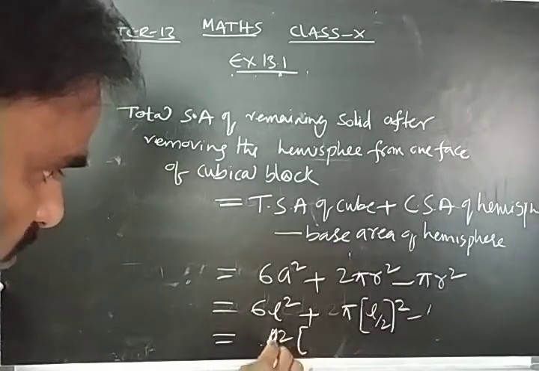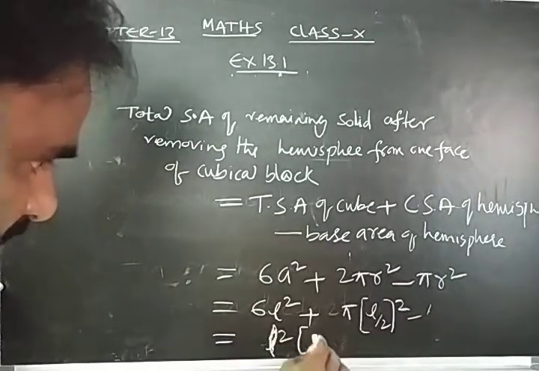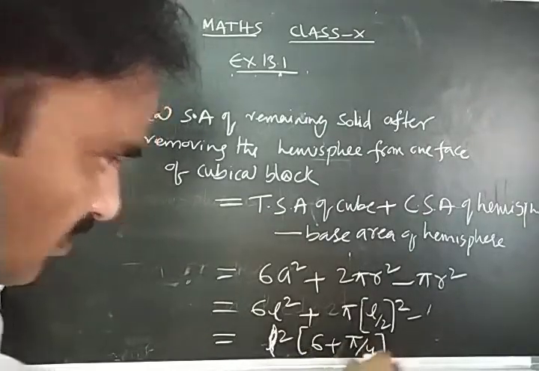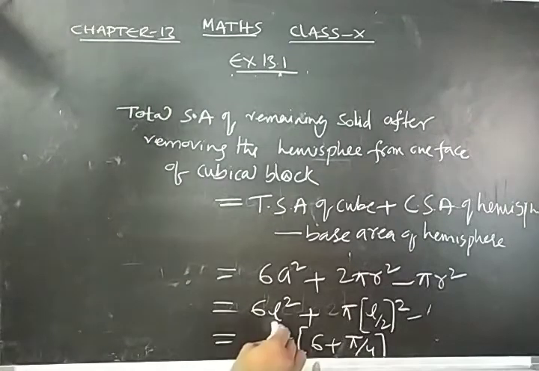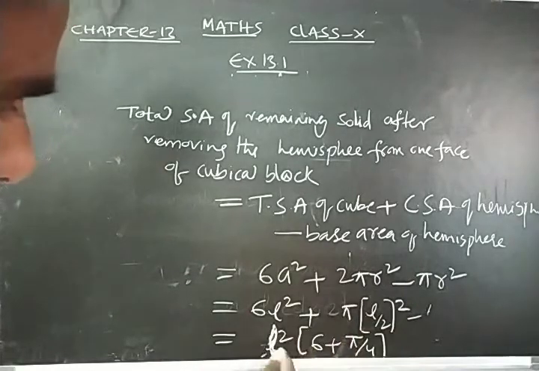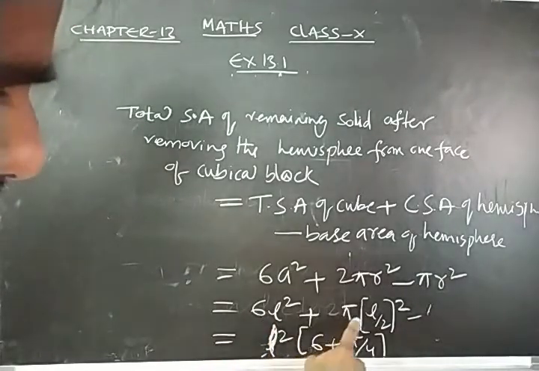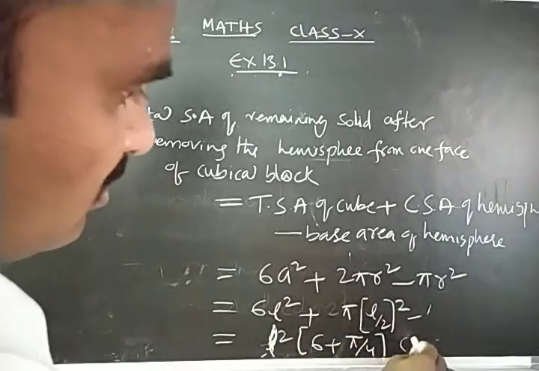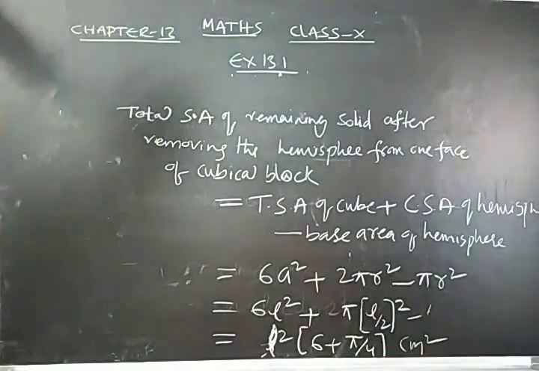By taking L squared common, here you will get 6 and here pi by 4. So this is the total surface area of the remaining solid: L squared into 6 plus pi by 4 centimeter squared. Okay, right.